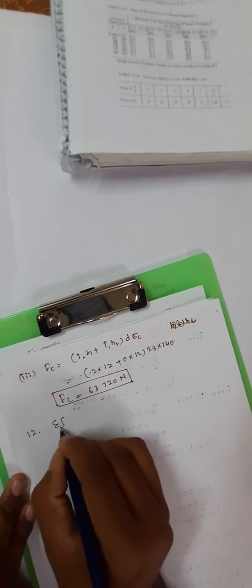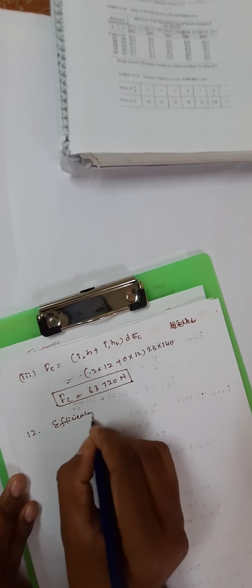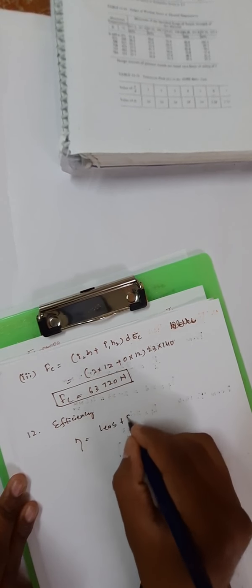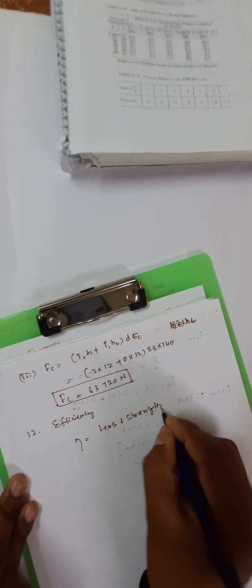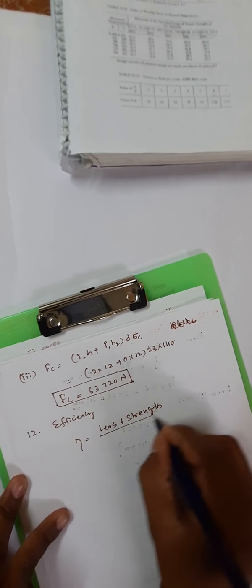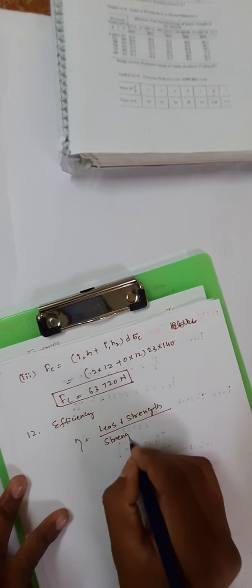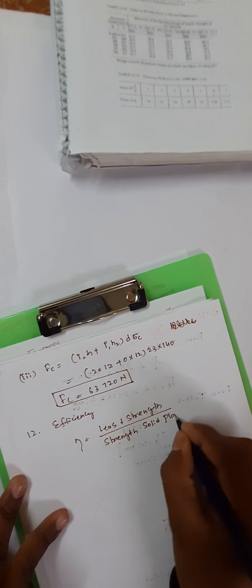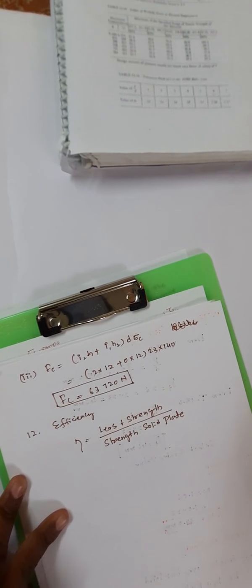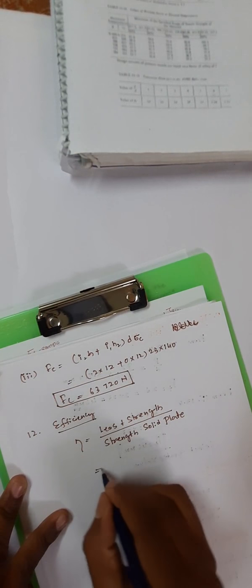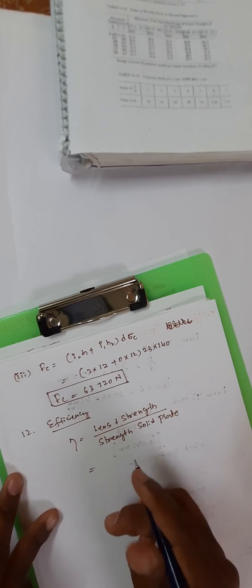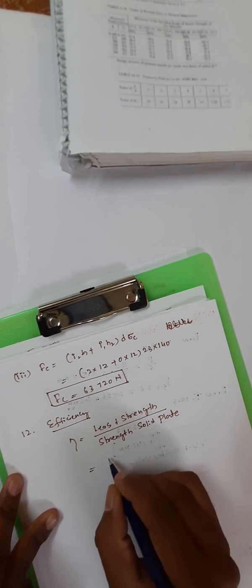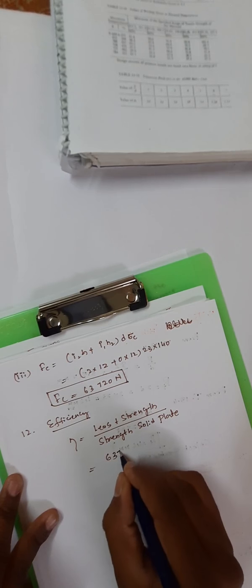Next, we need to find out the efficiency. Efficiency eta is equal to the least strength to the strength of the solid plate. Now if we substitute the values, we know the least strength from this problem, 63720.